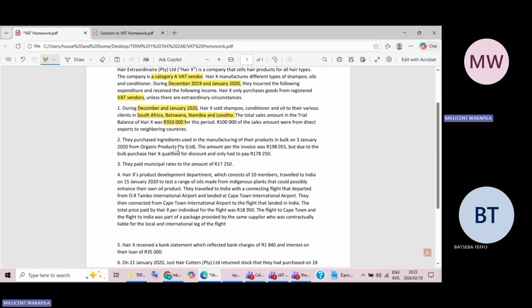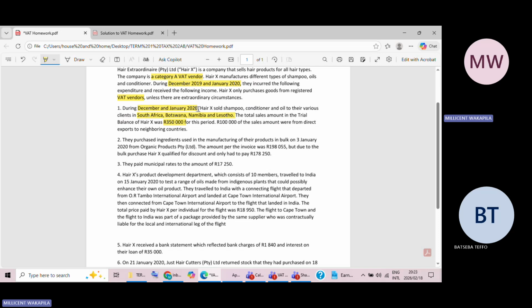And it has an impact on our VAT because during the class we said that the local sales and the export sales are treated differently. When we make sales outside South Africa, they are called export sales, right?